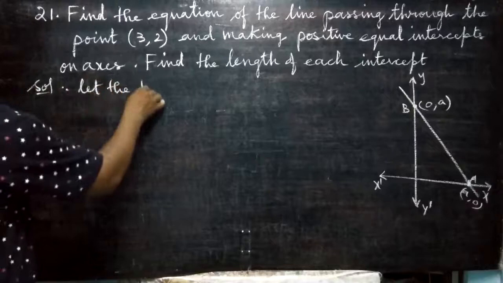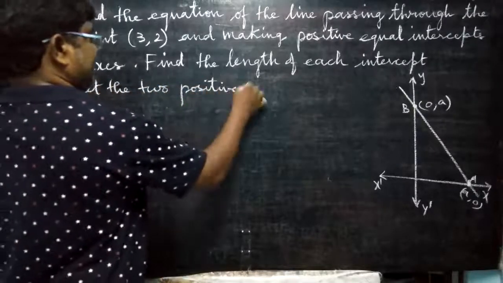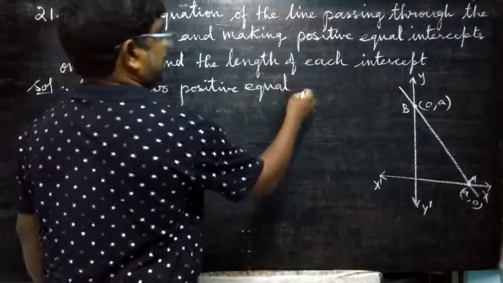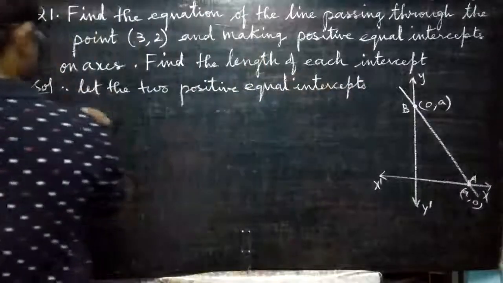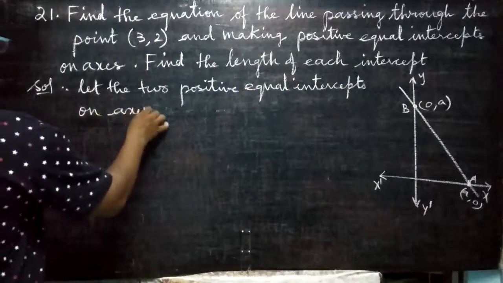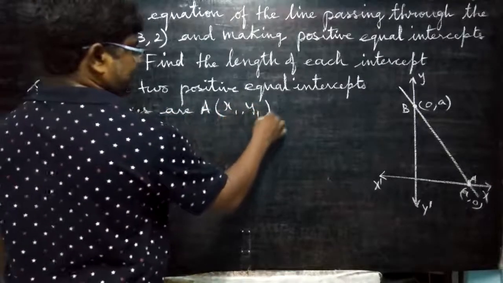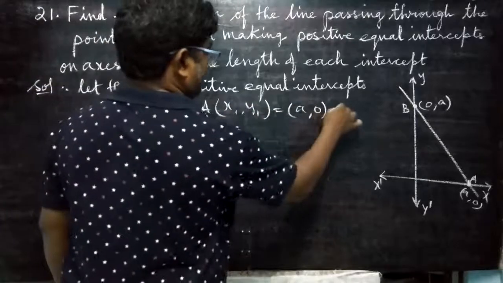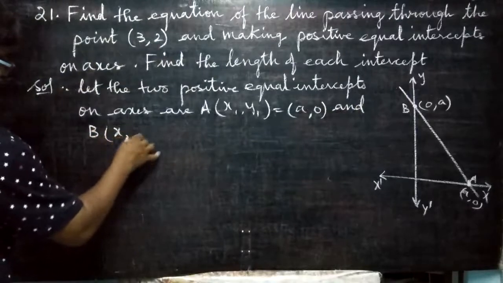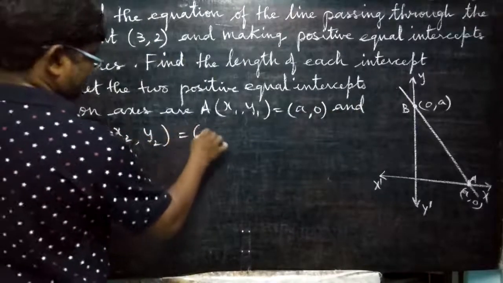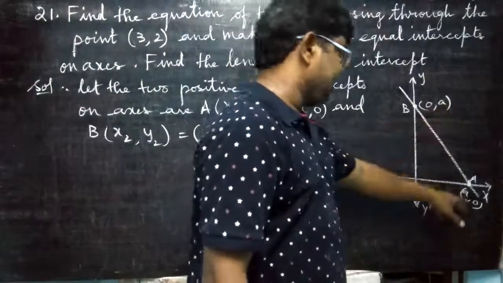Let the two positive equal intercepts on axis be A, x1 comma y1 is equal to a comma 0, and B, x2 comma y2 is equal to 0 comma a. Sir, if you keep x here, you have to keep x there also. If you keep y here, y there.